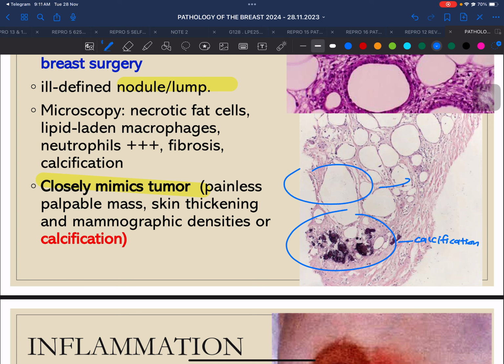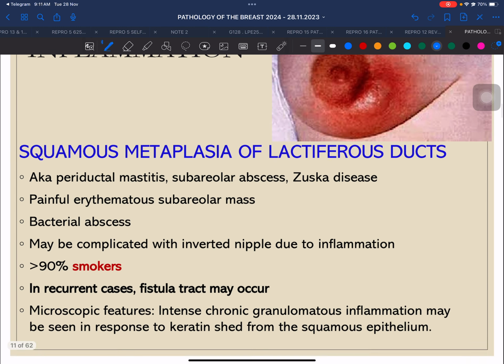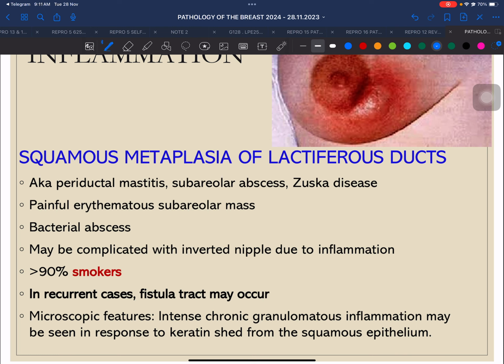Okay, and then you have periductal mastitis. This is a painful erythematous subareolar mass, which is actually an abscess, and it may be complicated with an inverted nipple, and it occurs among smokers.